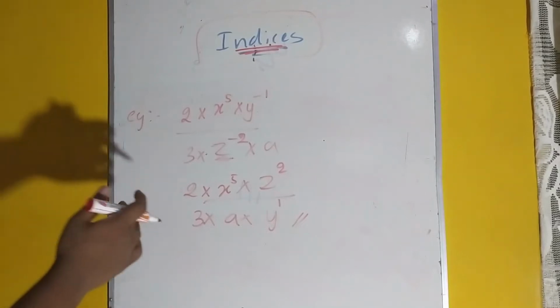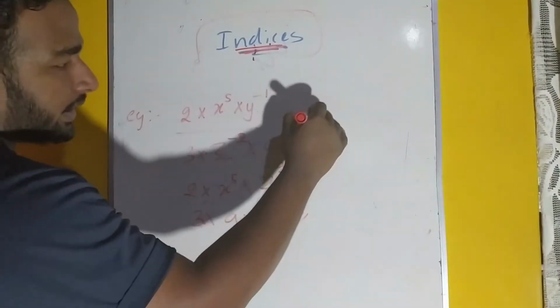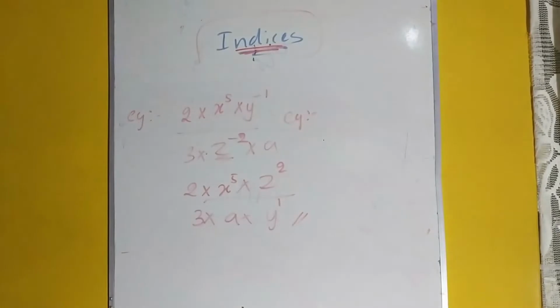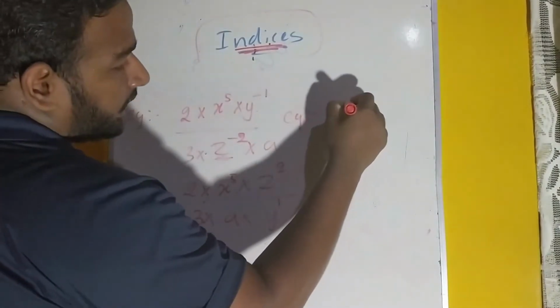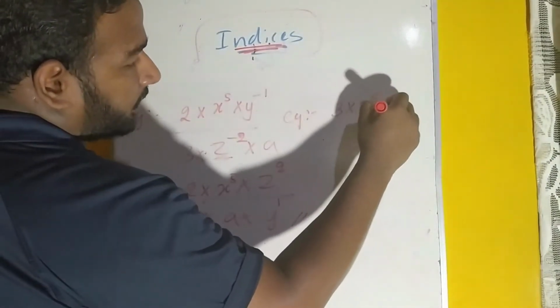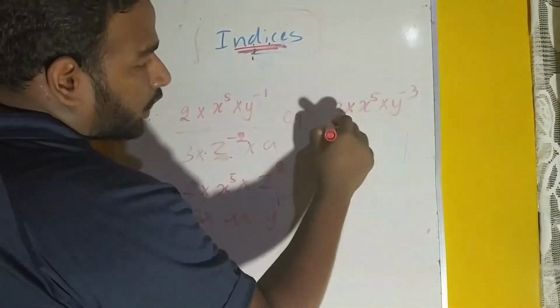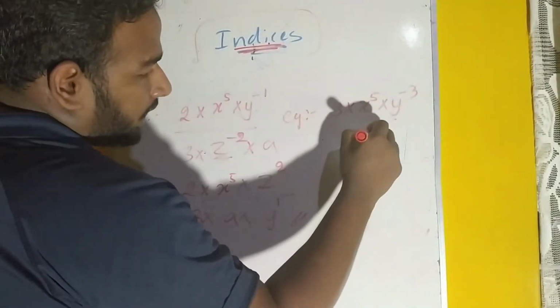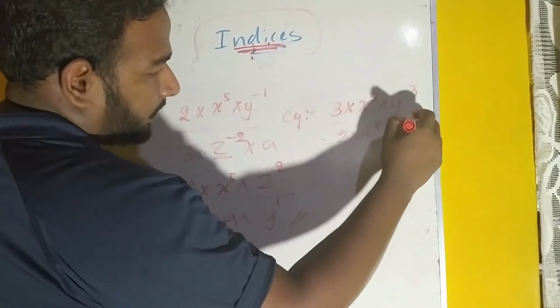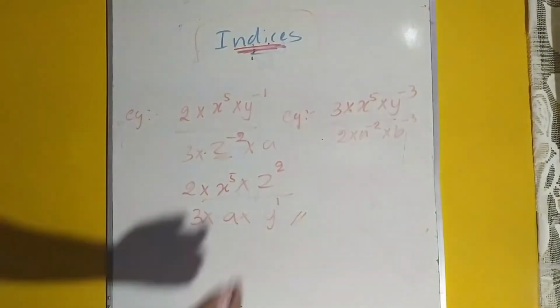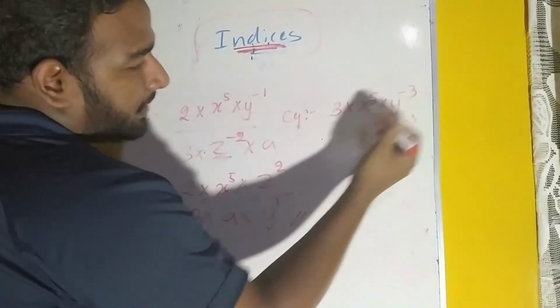Okay, I am doing another example. Let's take 3 into x to the power 5 into y to the power minus 3, over 2 into a to the power minus 2 into b to the power minus 3. In the numerator the power of y is minus 3.